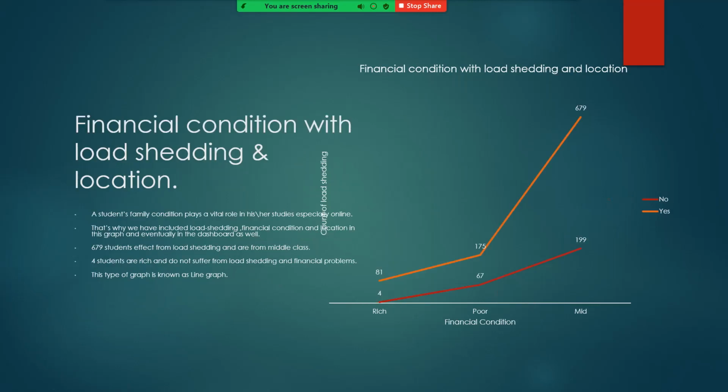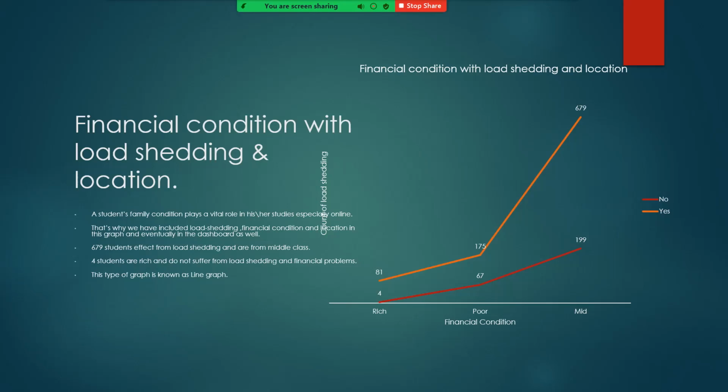Next is financial condition with load shedding and location. Load shedding means how much in a day your electricity is coming and going on and off. So basically, for load shedding, here we have two parameters: count of load shedding and the financial condition. If a person is rich, obviously load shedding won't be a problem in their location because they might have backup power supply, so that's not an issue for them.